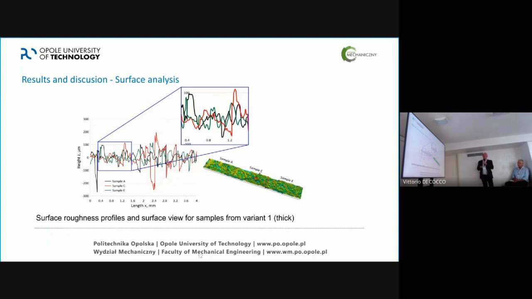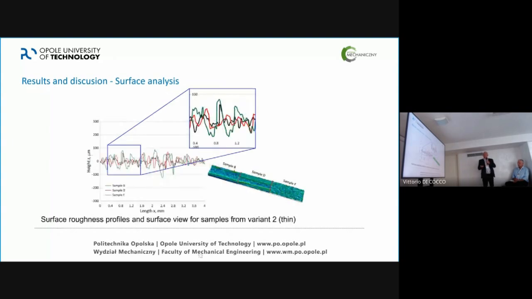These are the surface roughness profiles and surface views for samples from variant 1. We see the length of the track during impact bending. This analysis is for variant 2, thin specimens.